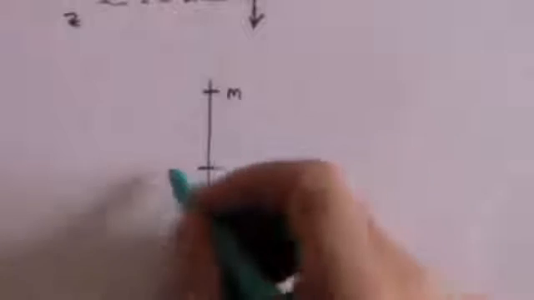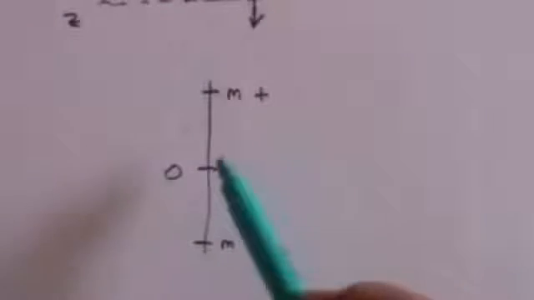So if you look at that z-axis, you will find there's a maximum value of m, a minimum value of m, that will be a plus m, that will be a minus m. There's a 0 value which effectively accords when the angular momentum is aligned along either the x or the y direction, you don't know which, but it's essentially perpendicular to the z-axis.